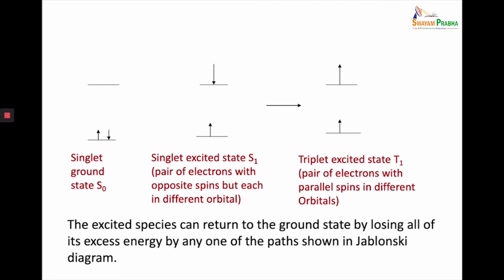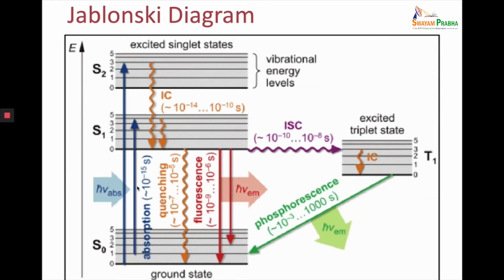It has been shown quantum mechanically that a singlet excited state has a higher energy as compared to the corresponding triplet excited state. So the energy difference is that ES1 will be greater than ET1, ES2 will be greater than ET2, and so on. So the absorption of light can take place.